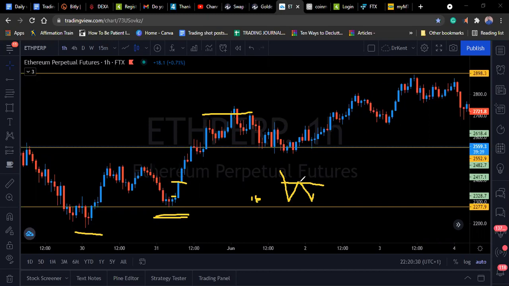So right here now, this area will be our neckline. So you have a W. For those who are conservative, they are not rushing, they are just waiting for a very clear signal before they enter.